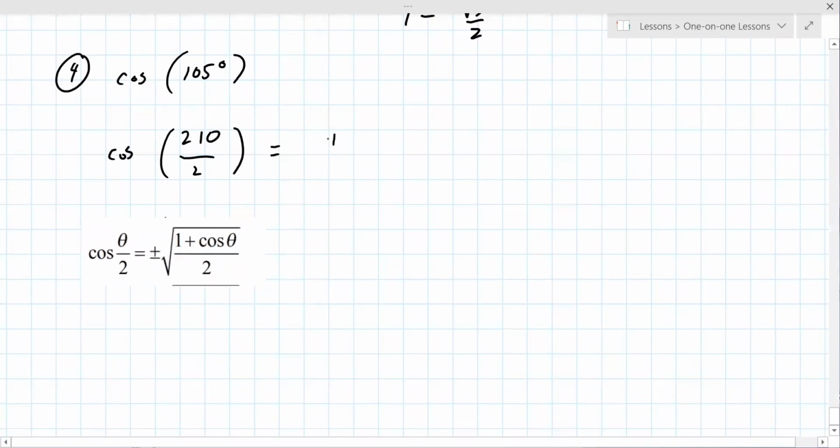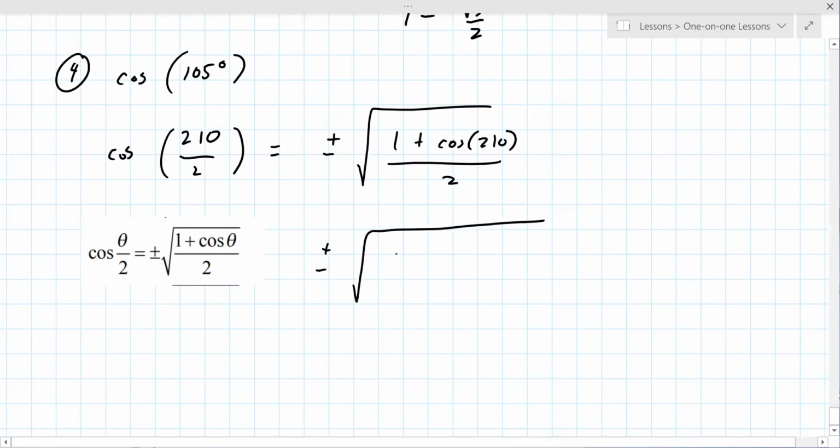So this is plus or minus the square root of 1 plus cosine of 210 over 2. I already said that the cosine of 210 is minus square root 3 over 2. And then we have to say, okay, well, 105 degrees, where is that? Well, 0, 90, 180, so it's over here.